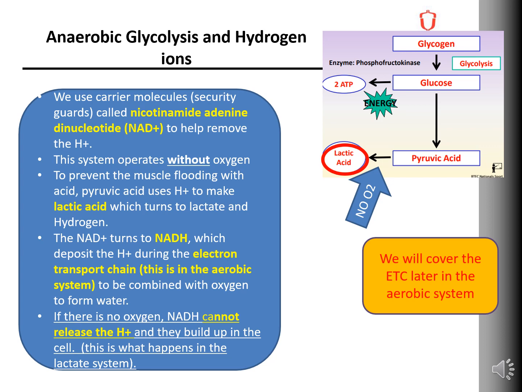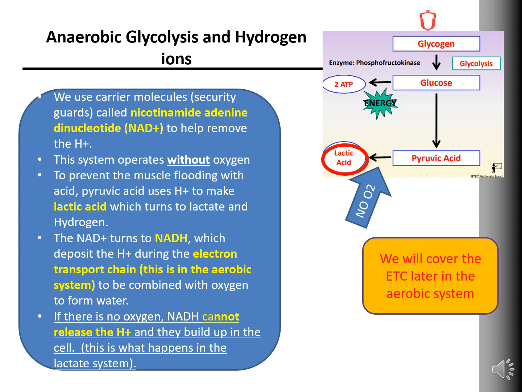This system operates without oxygen, so to prevent the muscle flooding from acid, pyruvic acid uses hydrogen to make lactic acid. That turns the lactate and hydrogen into lactic acid. The NAD plus turns to NADH, which deposits the hydrogens during the electron transport chain, and we will cover that when we come to the aerobic system, because that is a stage in the aerobic system.